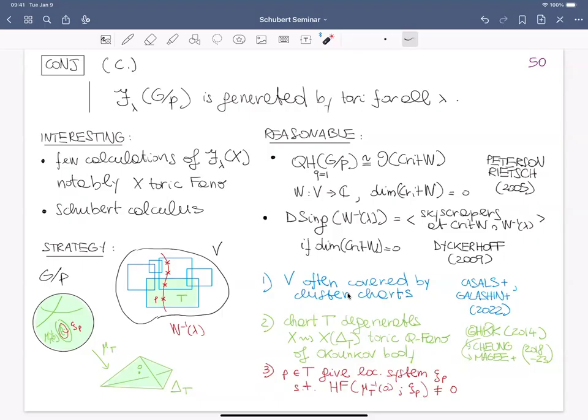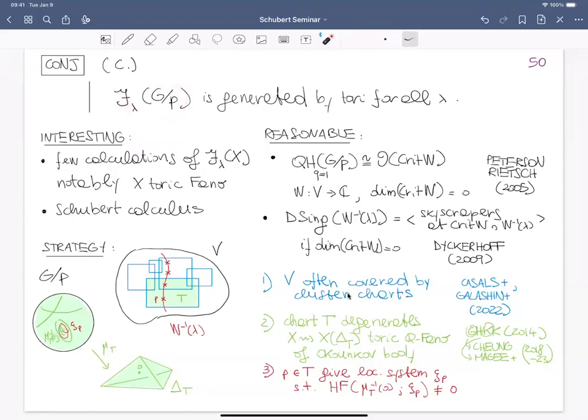And those are known to be generated by things that look homologically like Lagrangian tori on the other side. So we have strong evidence that if we believe that this is a correct mirror for G mod P, then the Fukaya category of G mod P should be generated by tori.